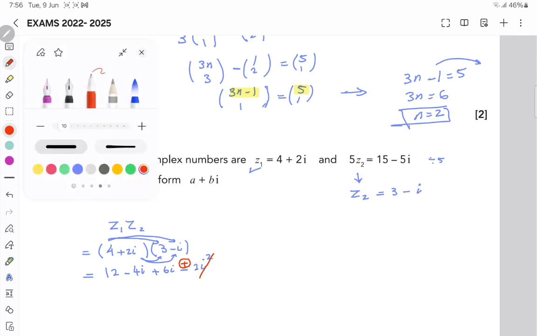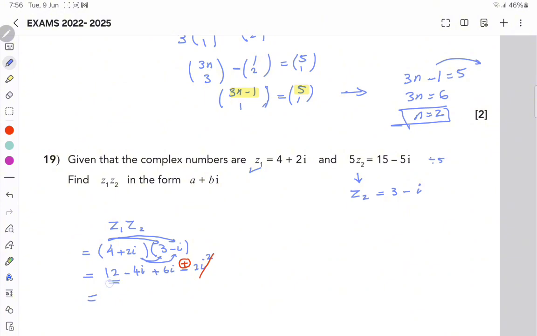Now, collecting like terms, I got here 12 real plus 2 real, it will be 14. Negative 4 imaginary plus 6 imaginary, so negative 4 plus 6, it will be positive 2i. To finish.